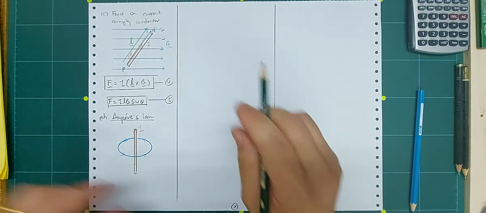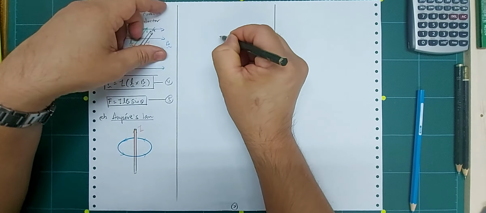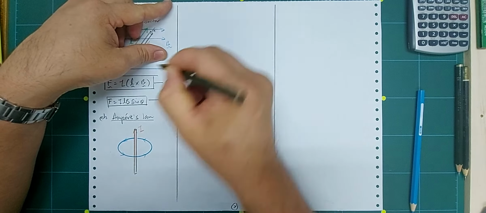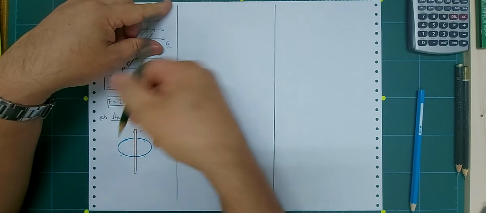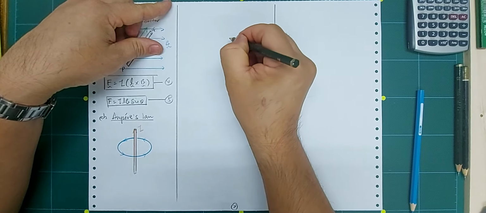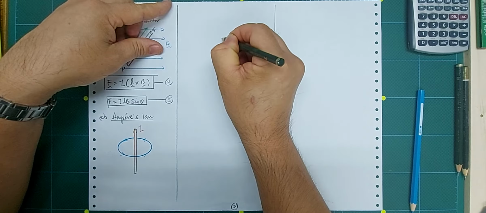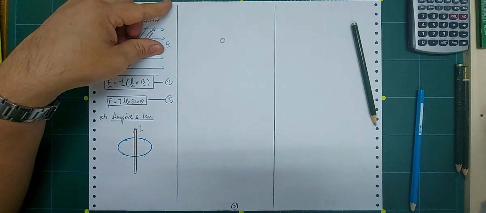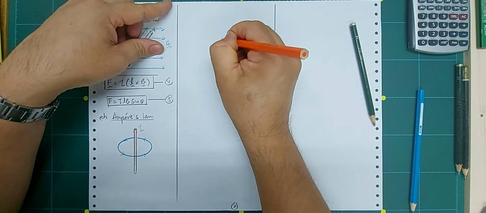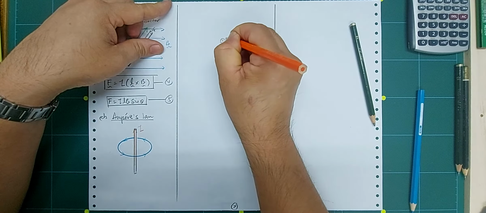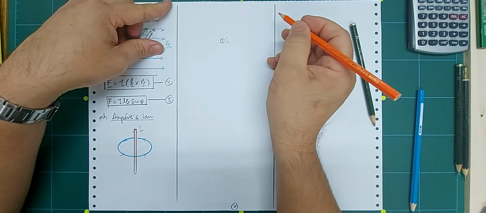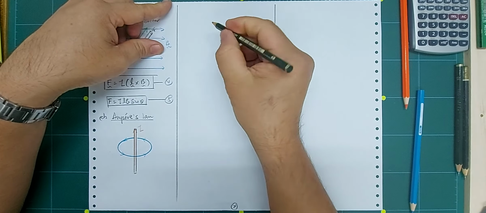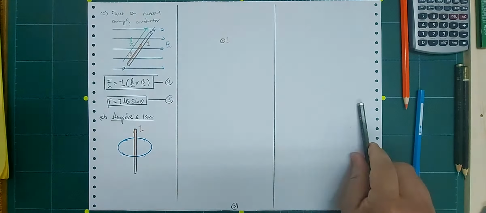Now I assume the conductor is here, carrying current up. We see the whole thing from the top view. A conductor that carries current up will be seen as a point, so the current is pointing at you. If the current is moving away from you, we use something like this.